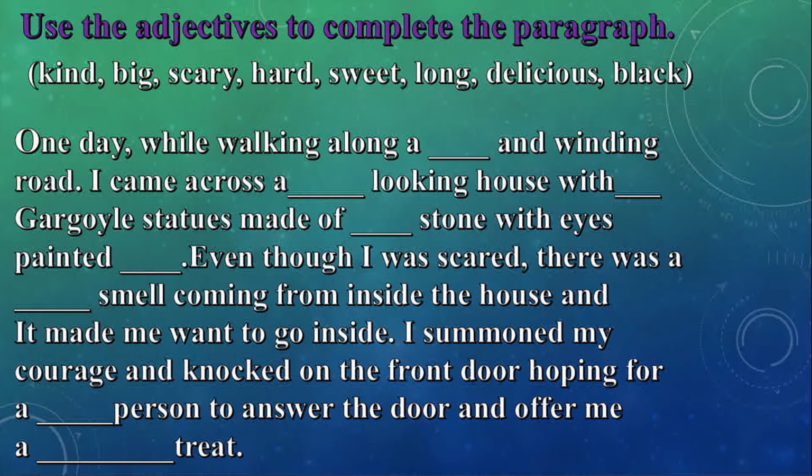So let's read the words first. We have kind, big, scary, hard, sweet, long, delicious, and black. Good, so those are the words that we'll be putting in. Each word is to be used once, and the way it fits best will be according to your discretion and what you think. So let's read through together.